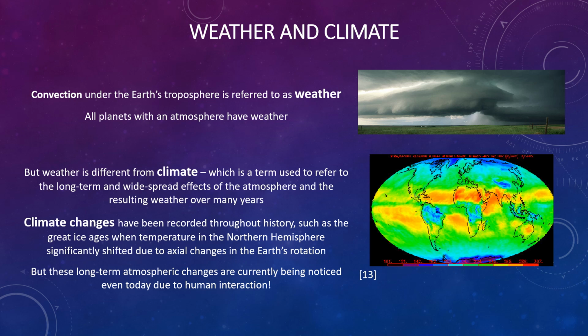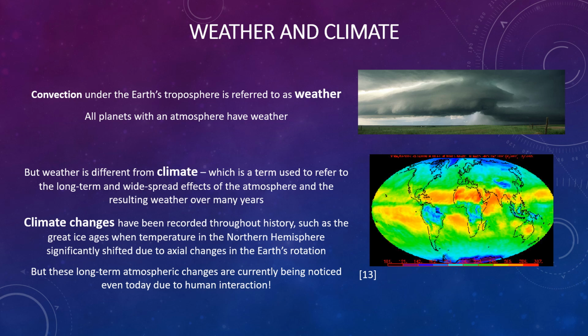But weather is different from the climate. Climate refers to long-term and widespread effects of the atmosphere, and climate is what weather results from over many years. Climate changes have been recorded throughout history, such as ice ages, when the temperatures in the northern hemisphere significantly shifted due to axial changes in the Earth's rotation.